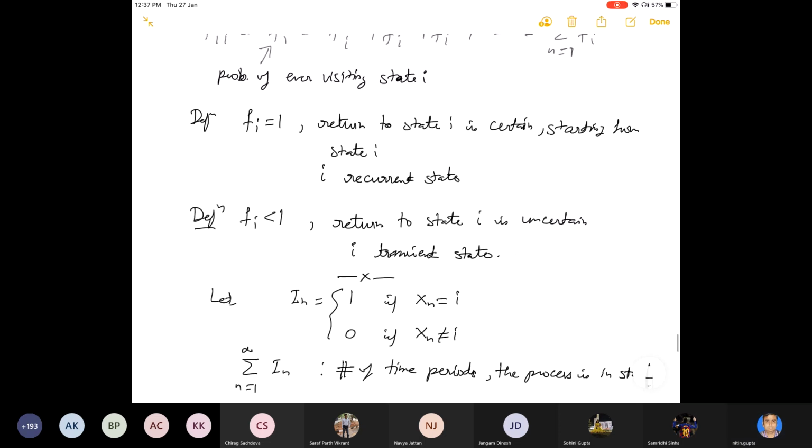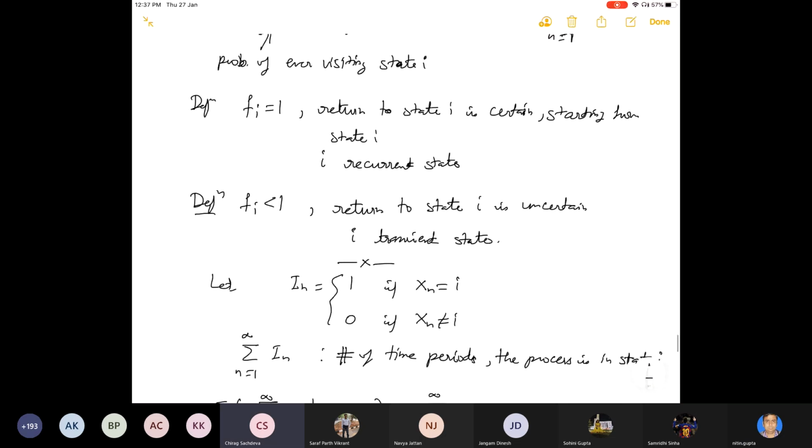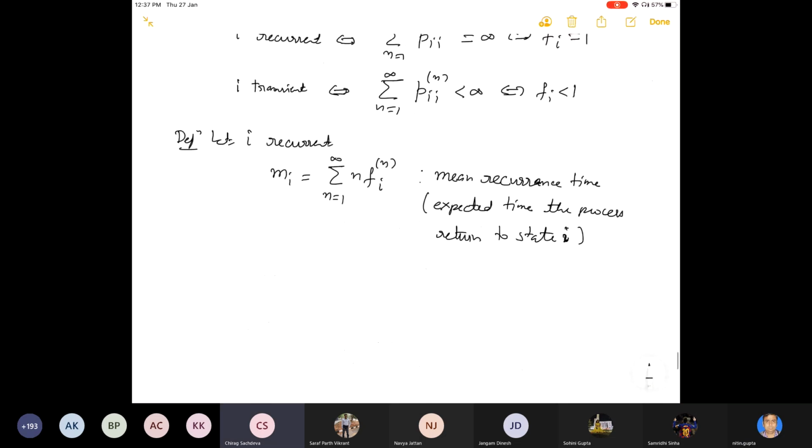F_in means the probability of first visit to state I in n transitions, starting from state I. So the mean value should also be the mean of the first visit to the ith step. Yes, so that means the expected number of steps, in how many steps you are expecting that basically. Okay, sir. Time doesn't mean exact time, it means transitions or steps. Yes, that is okay.